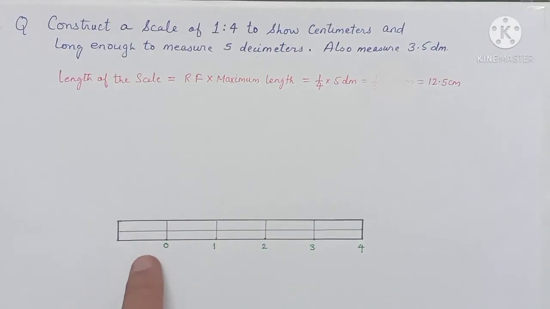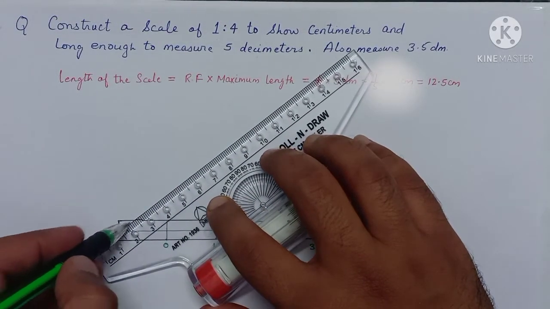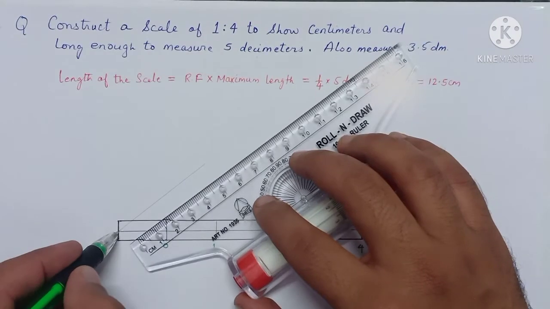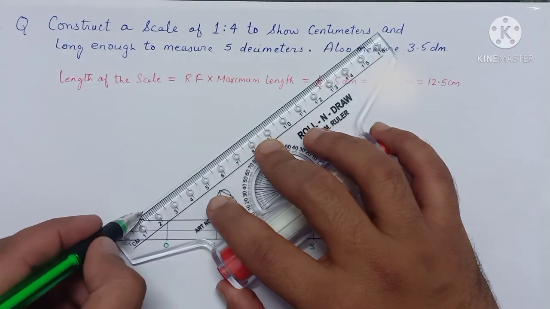Now we divide the first division into 10 equal subdivisions. Mark 10 equidistant points on this line.